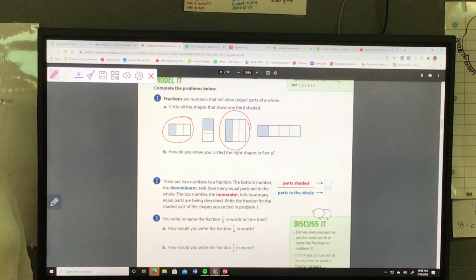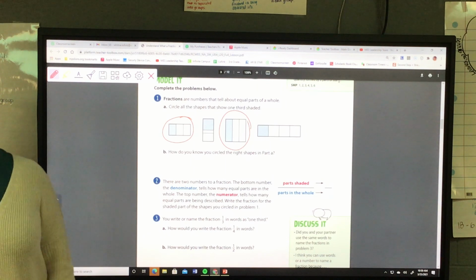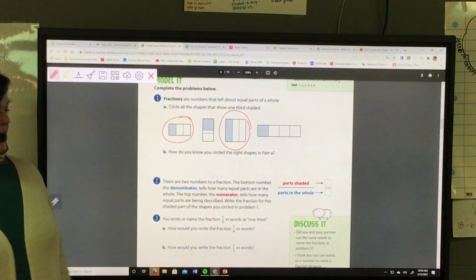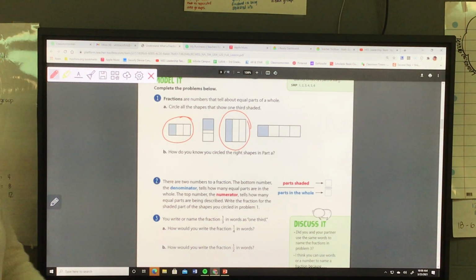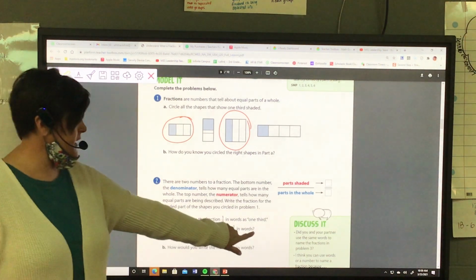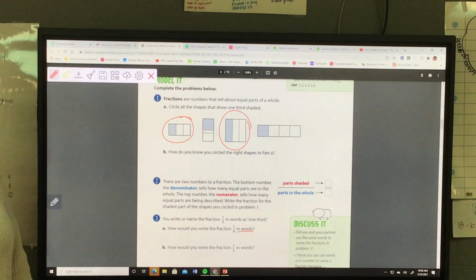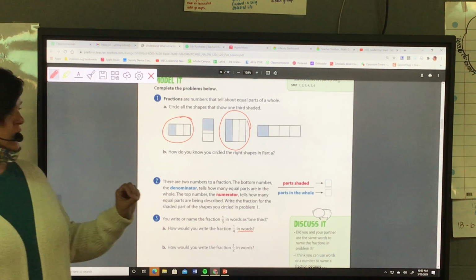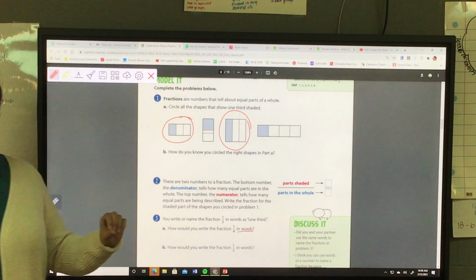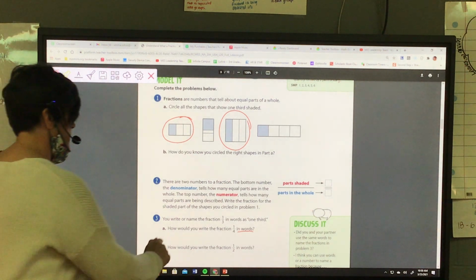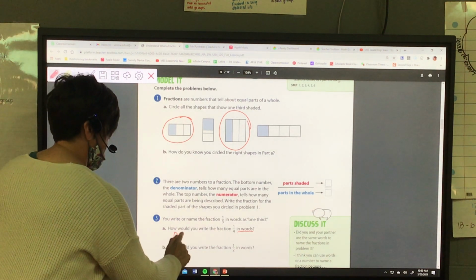What would you write first? 1. Write the word one first on part A. They want us to do it in words, 1/4. What do we write after we write the word one? 4th. So one fourth.